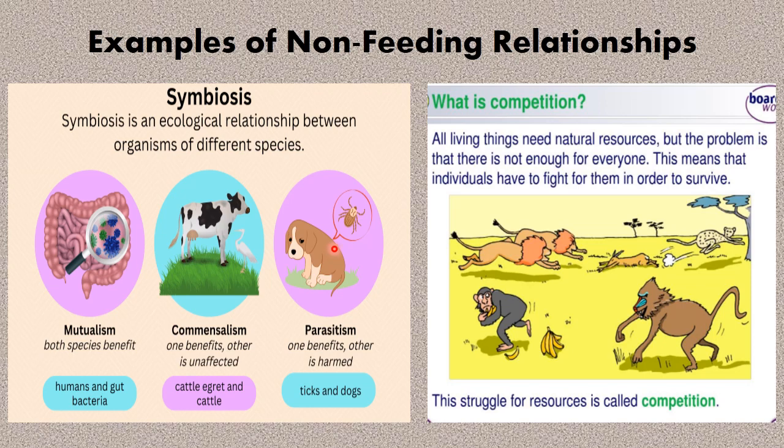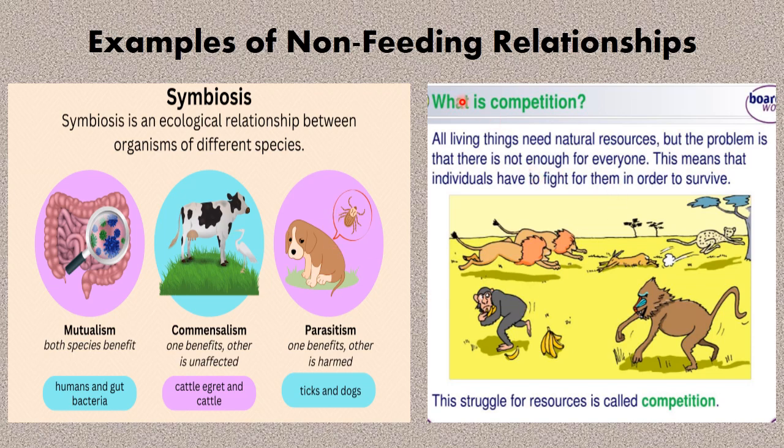The tick gets nourishment from the dog and the dog is harmed in the process. The tick can bring about disease for the dog or discomfort one way or the other, so the dog will have to scratch its skin because of the discomfort. So this is an example of a parasitic relationship.